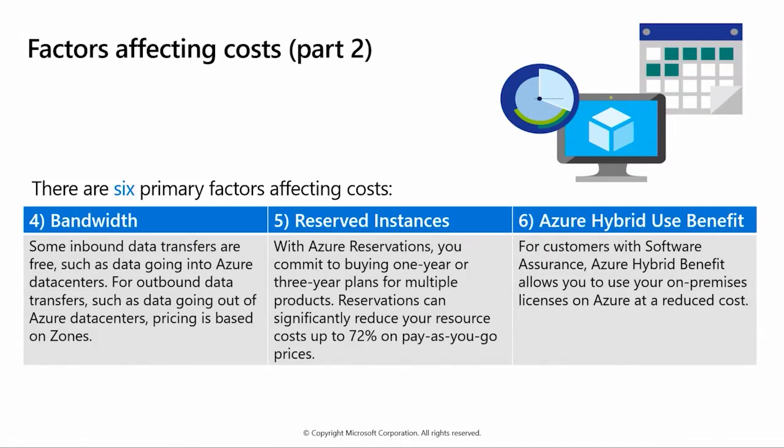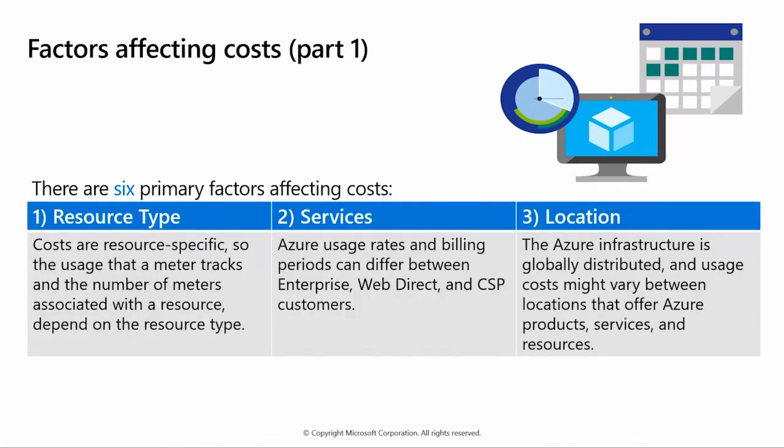So let's just very quickly review the 6 factors that impact cost. The resource type. Remember, whatever resource you select, whether it's a virtual machine or a SQL database or a storage account, they cost different. Services. Services impact not only how you're billed, so whether you're billed directly from Azure on an annual basis, monthly basis, or a third party, but it also impacts your rates depending on your customer type. Your location impacts cost because remember, not all regions cost the same to operate.